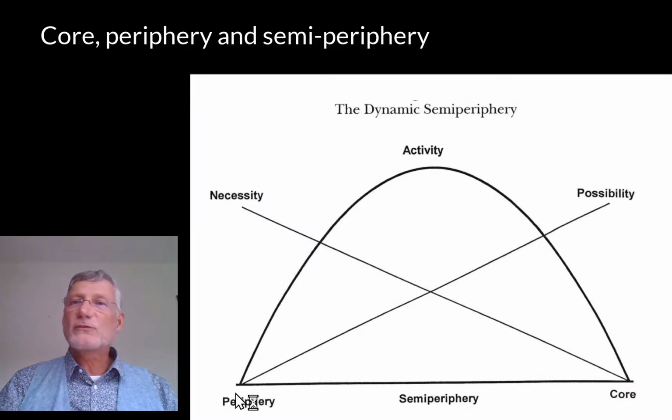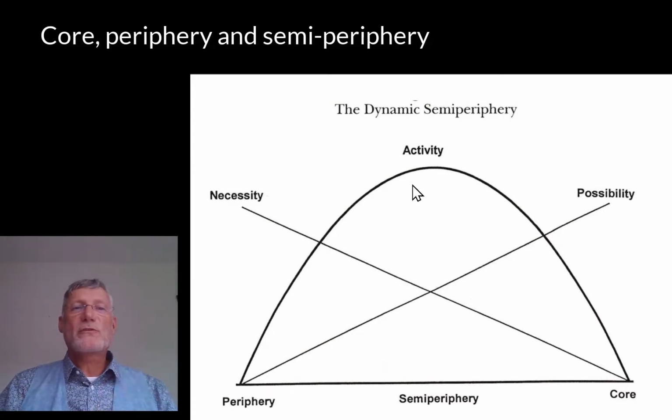This graph tries to explain a little bit more. The possibility for development, to profit from the world system, is very low in the periphery, while the necessity for development is very high in the periphery and very low in the core. And the level of activity, of intervention, of skewing the system through the state, is very low in the periphery because of the lack of possibility, and in the core also relatively low because of the lack of necessity.